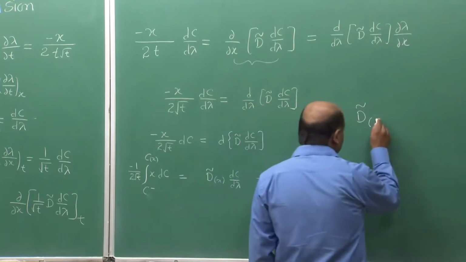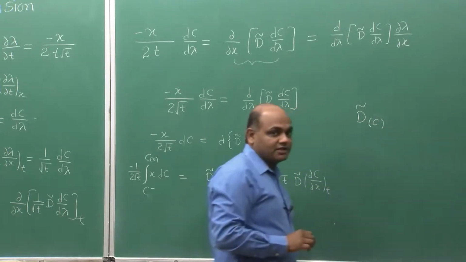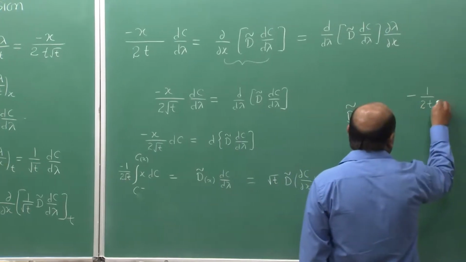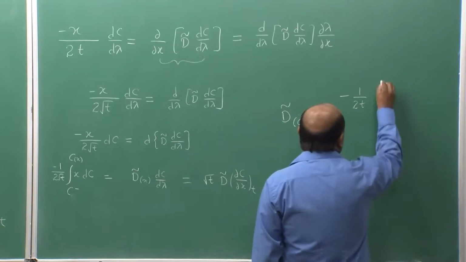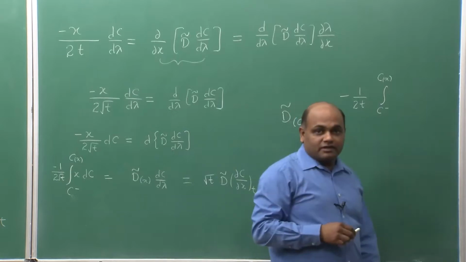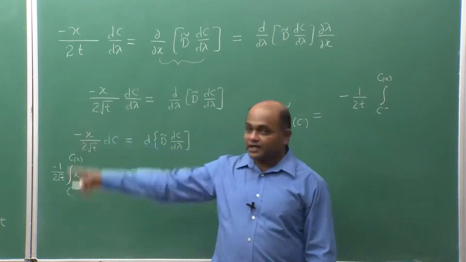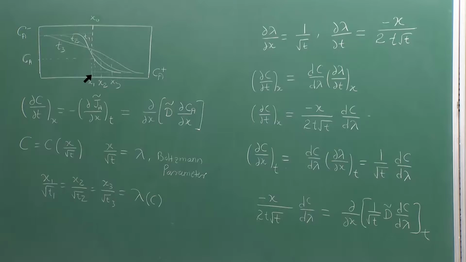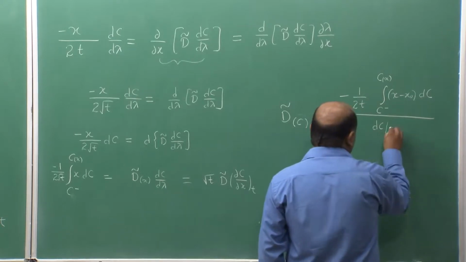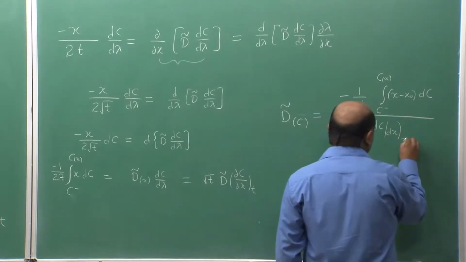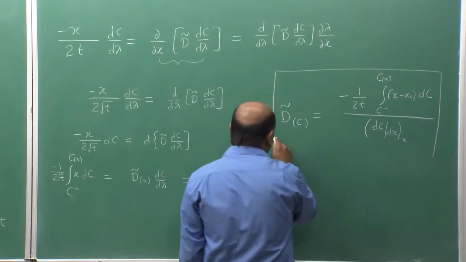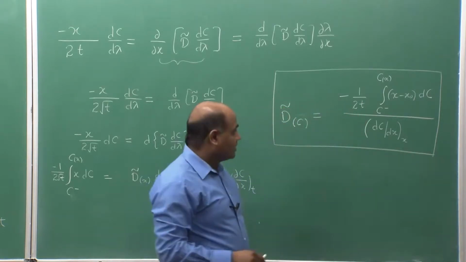So, we should write appropriately as D tilde of the composition C should be equal to minus 1 over 2t integral C minus to C at x, and if we denote the reference plane as x naught, just like there, then it should be actually x minus x naught dC divided by dC/dx at the position x that we are considering, and this gives the equation for binary interdiffusion coefficient. Now, what is this integral again?